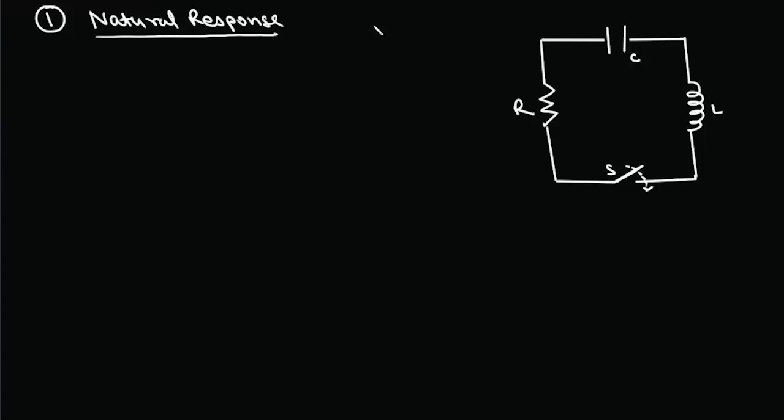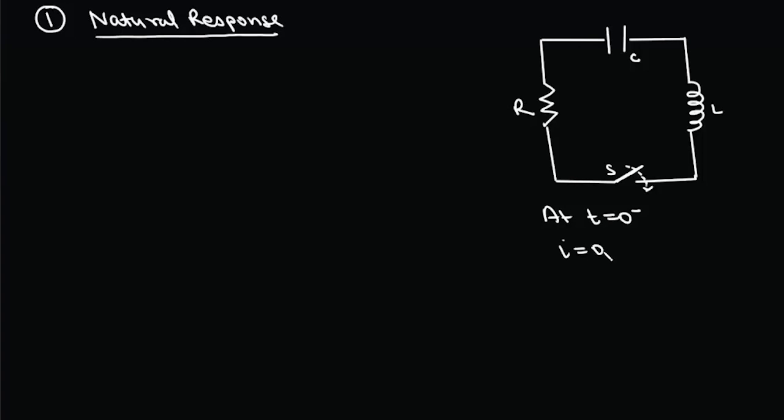Now the first case that we want to consider is natural response. So in this RLC circuit, there is no external voltage. We'll define the initial conditions. At t equals 0 negative, the switch is open.